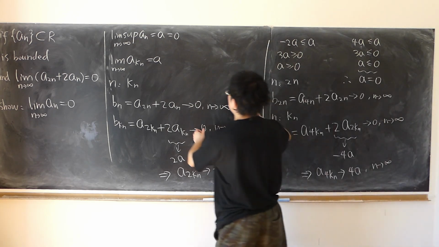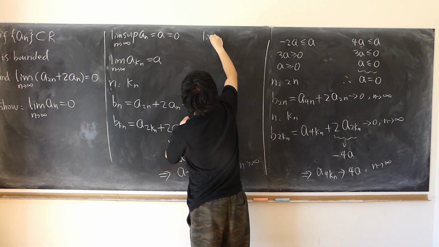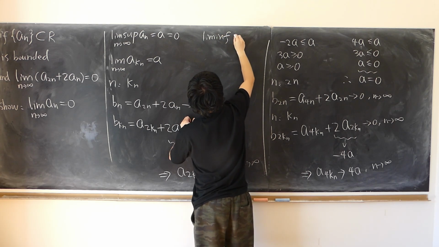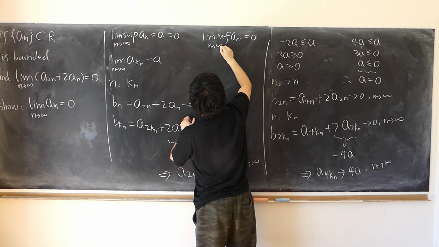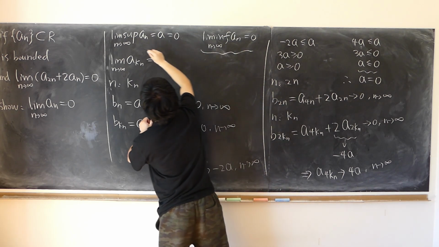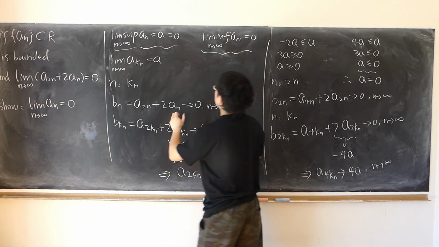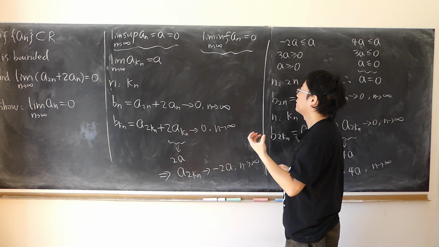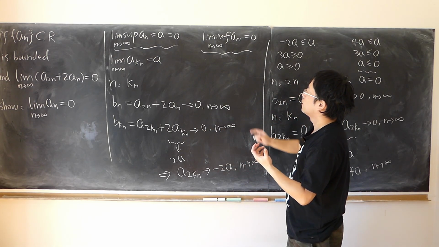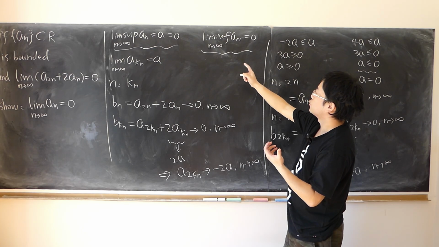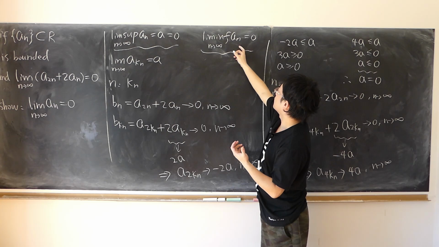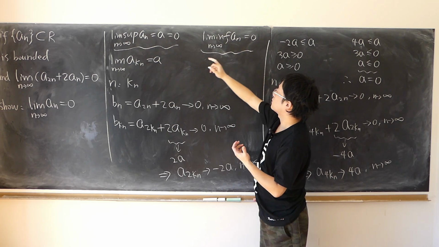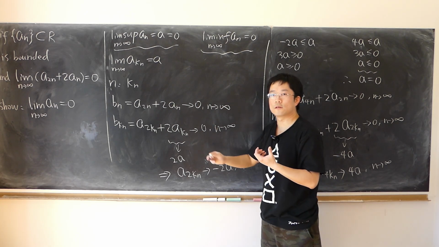So in that case, combined, like I said, as long as I can show lim inf is equal to lim sup, because remember, this is the infimum of all the limit points. That's the supremum of all the limit points. Right?